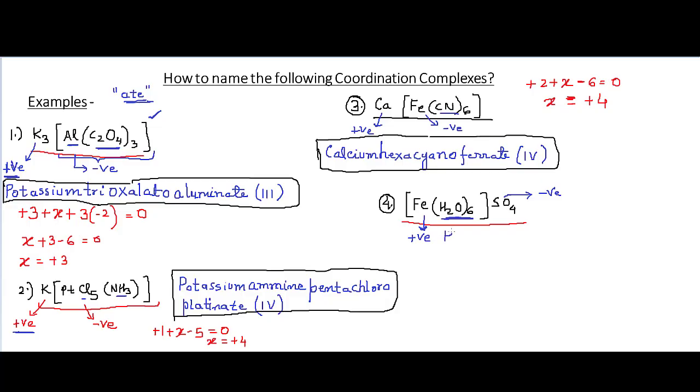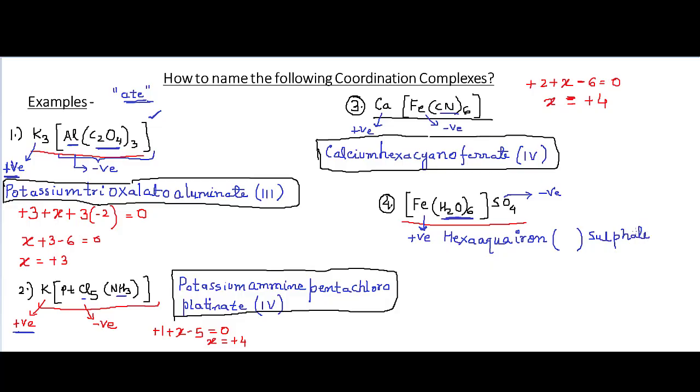So we will write hexaaqua, right? After that we will write the name of the central metal. Since it is positive, it will be named as such, hexaaquairon, then the iron oxidation state within the brackets, and lastly the name will end with sulfate.